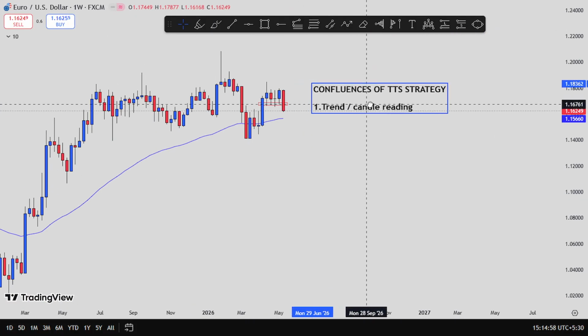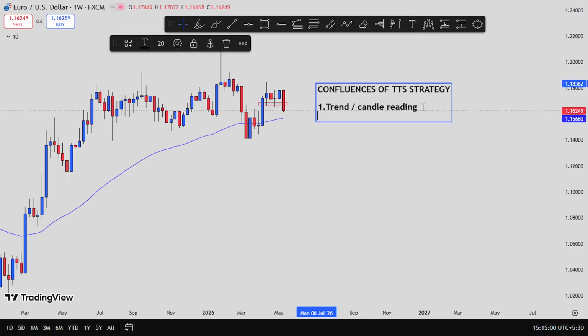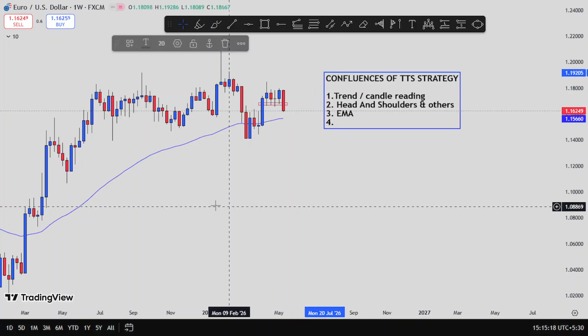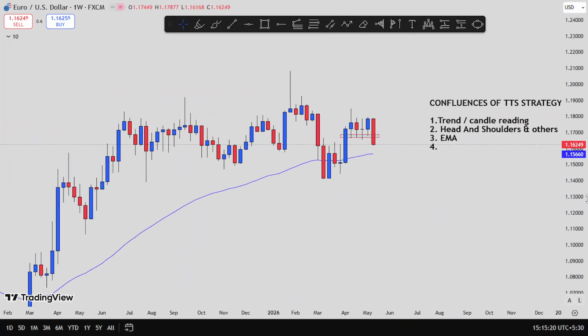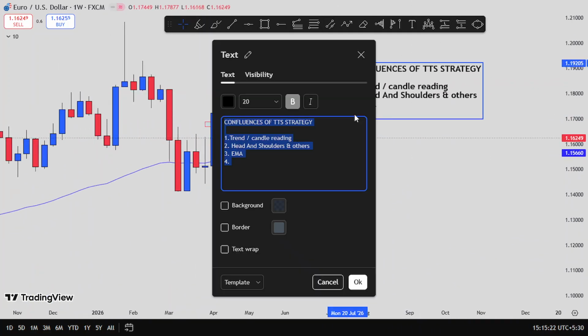Wait, apart from this, let's first type everything down. We had head and shoulders and other patterns, and others. We had EMA, and the next thing. Now see, keeping it simple is the key. Keeping it simple is the key.